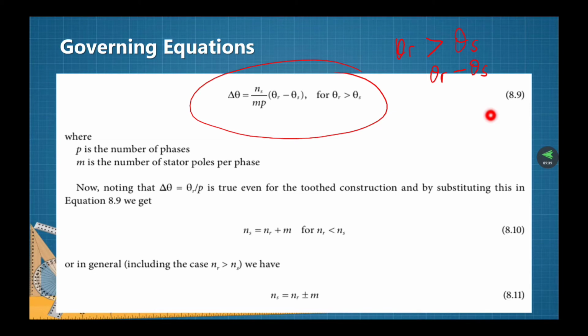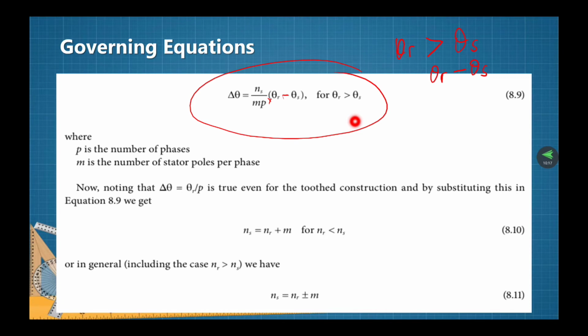And we can see that the total tooth offset, or the step angle, which we call delta theta, at the second pole is given by Ns divided by mP, times theta r minus theta s, for theta r greater than theta s, where P is the number of phases and m is the number of stator poles per phase.